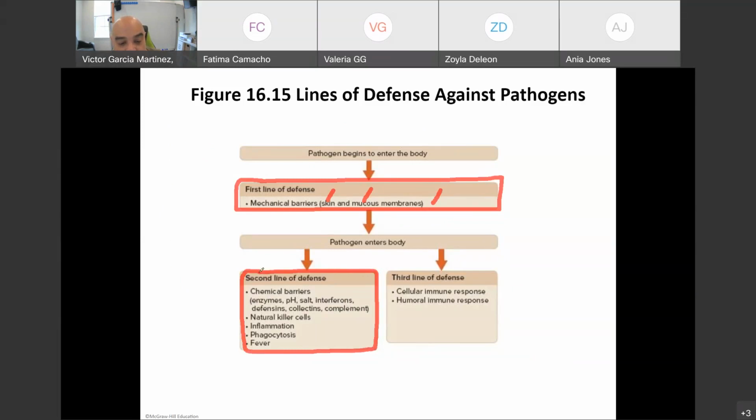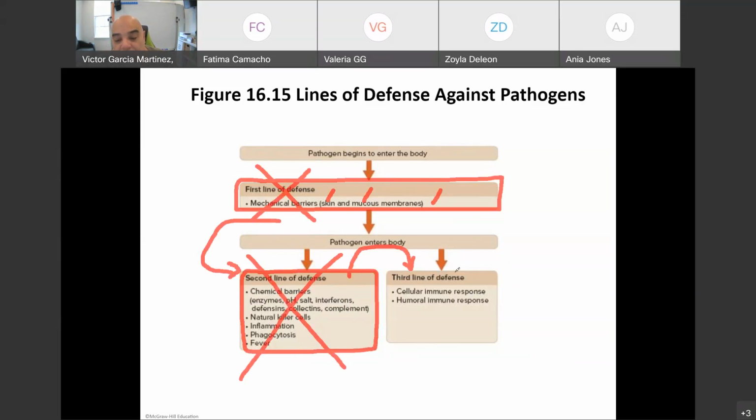This is general. This is not specific. If we're not able to stop our infection here, the germ is going to be trying this method. Then we have here natural killer cells, inflammation, phagocytosis, fever. If a germ is able to defeat this level, then we're going to get a third level of defense.